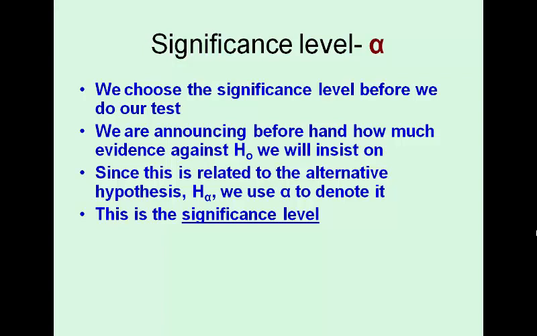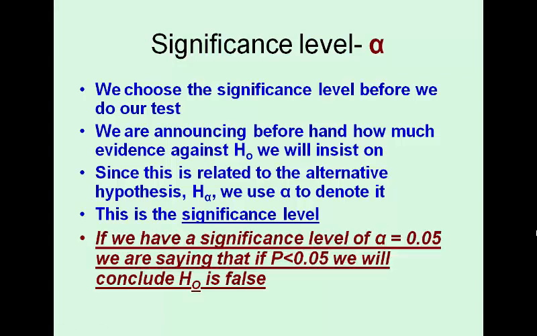So this is all we're tolerating. If we have a significance level of alpha equals 5% or 0.05, we are saying that if the p-value, that value to the right in the tail, is less than 5%, we're going to conclude that H naught is false. We just can't have a value out that far if mu is really true. So somebody must be making a mistake there.